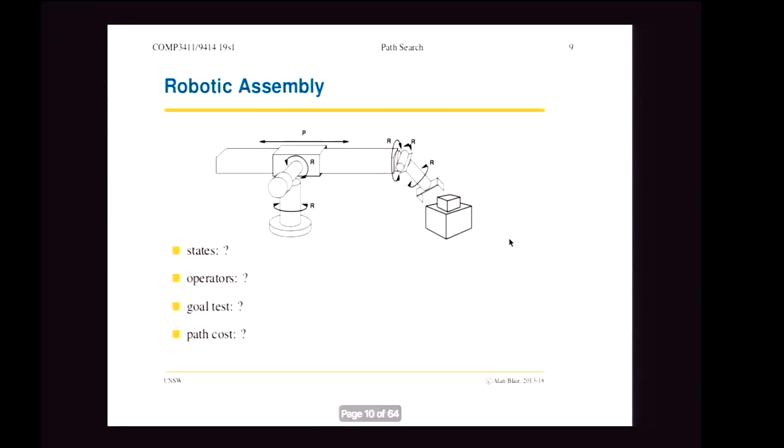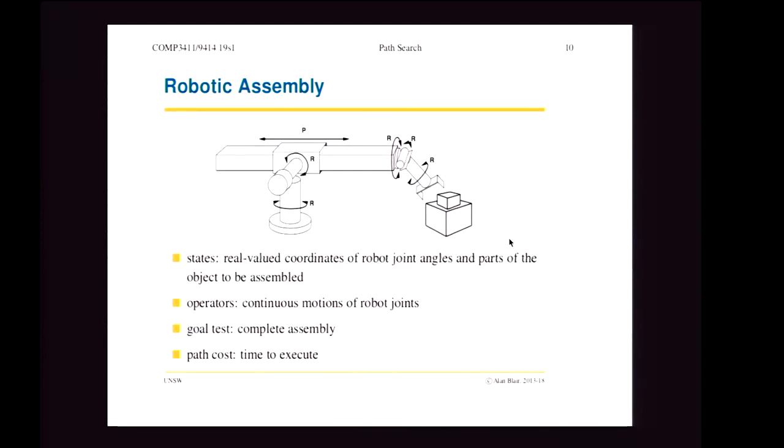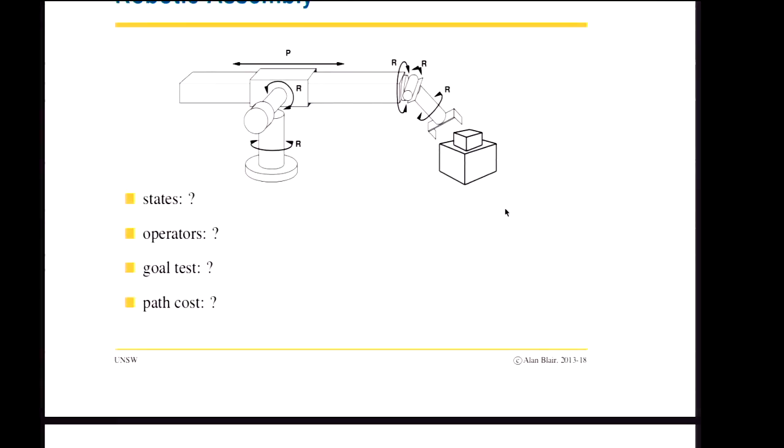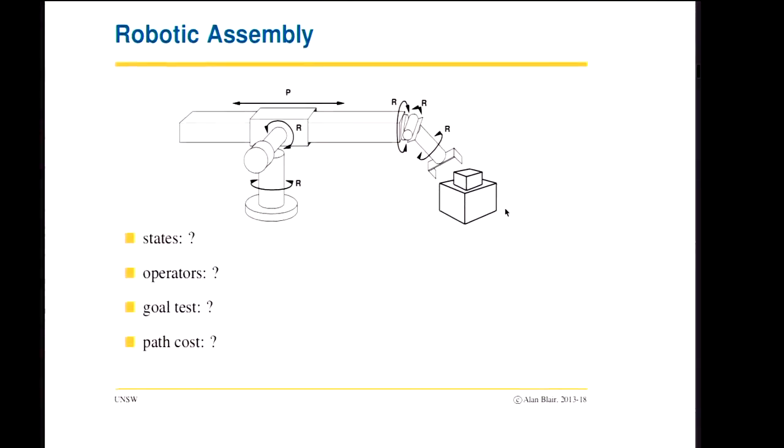This is just another example that was provided with the textbook, a little bit fanciful in a way, but let's suppose you want to get a robot to assemble a certain kind of object. This is based on work that was done by Donald Michie in the 1970s in Edinburgh, I think.